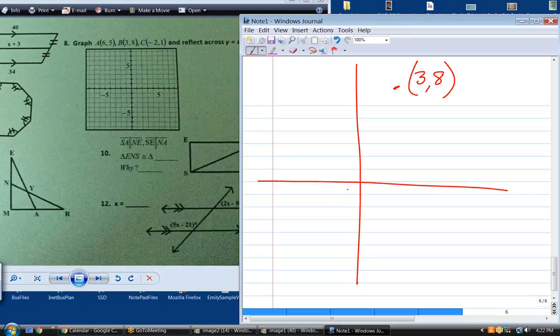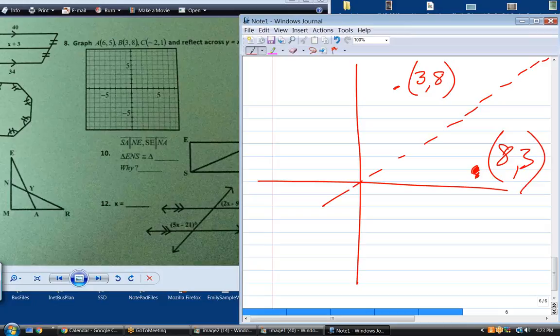Now, it says reflect across the line y equals x, which is what all inverse functions do. So I know that that point is going to be right about there. It's clear that if I just switch my x's and y's, it makes a lot of sense that that would be 8, 3.